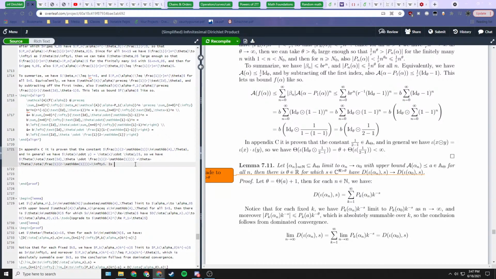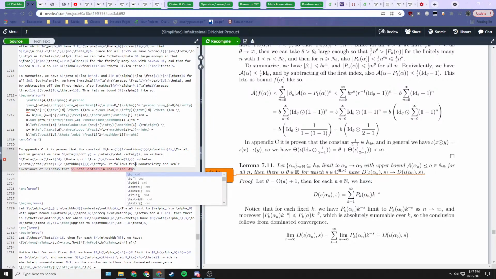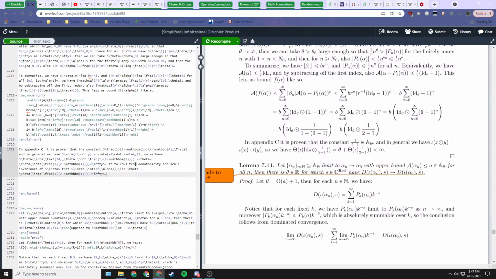And that's it. So it follows from monotonicity and scale invariance of theta that theta of iota of f of alpha is less than or equal to theta plus this thing, which is finite, proving f alpha is in A theta.